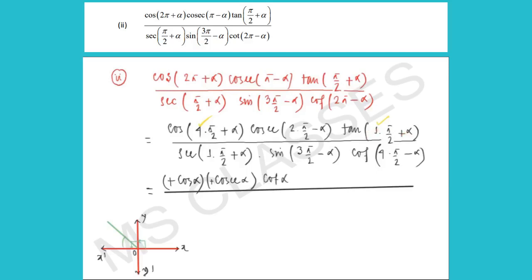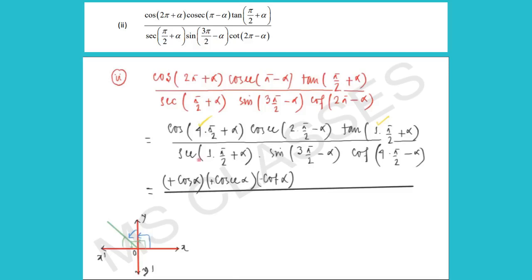Now, in which quadrant? 90 plus alpha, 90 plus something, means it terminates in the second quadrant. Now second quadrant means what? Tan will be negative. So here we will have a minus sign.